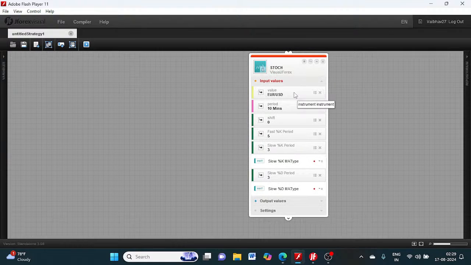You need to define the instrument. Along with that, you need to define its candle period, its look back period, and its two very important values, the percent K and percent D. Then you also have to define the kind of moving average you want for the percent K, because for the percent D we simply take into consideration the moving average of the percent K, and the way you define this moving average is going to hugely impact the value you get for the percent D, and resultantly the output generated by the indicator.